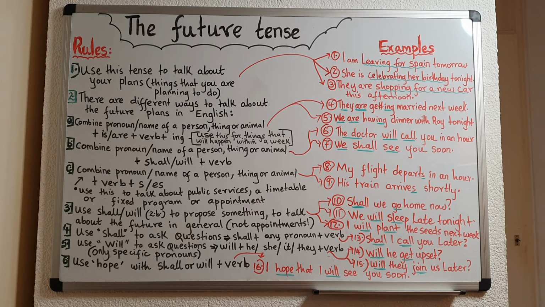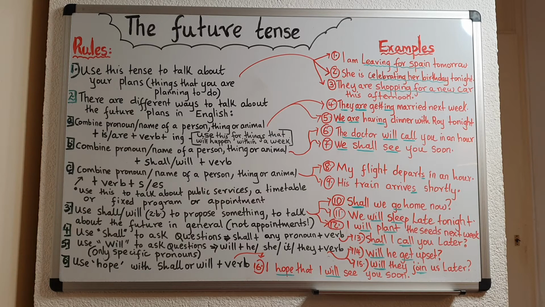Now, let us look at an example of how to do that. Look at example 4. They are getting married next week. They is a pronoun. Then you combine that with are. They are. Okay?